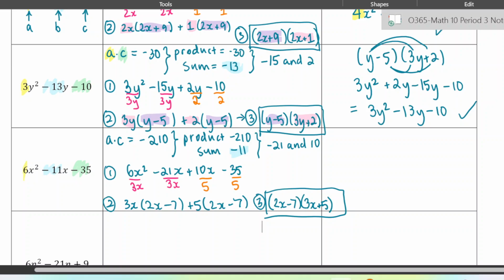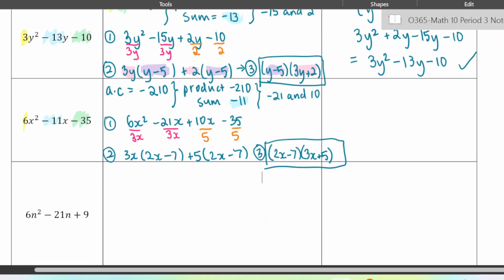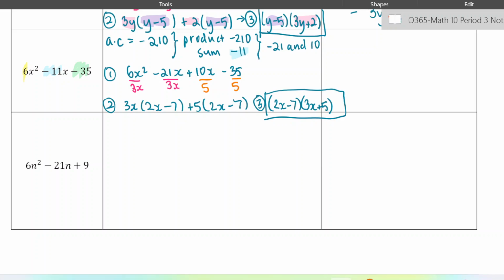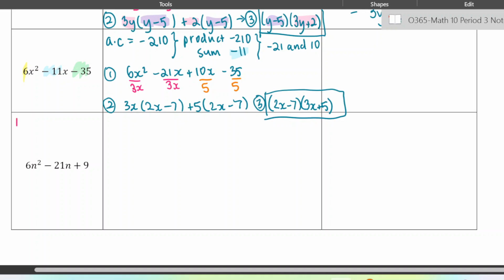Okay, finally, the last example I would like us to do together, because it's a little bit different than the other three. There is one initial step that we need to do before we do this question. So what you should be asking yourself when you're factoring, especially if you don't know what type of factoring question it is, always, always, always ask yourself, step one, is there a common factor?